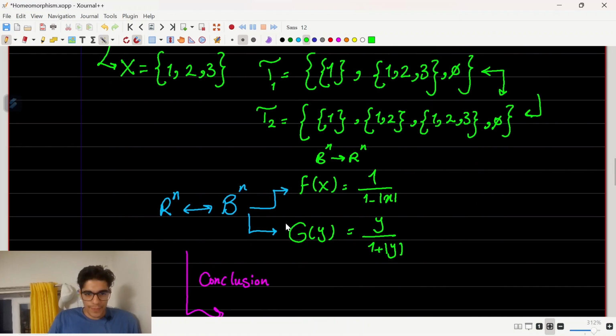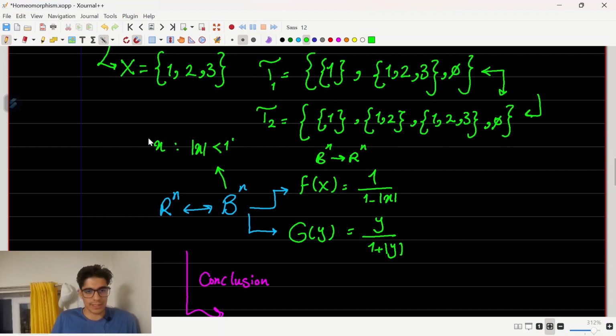Then there is a homeomorphism between the n-dimensional Euclidean space and the unit ball, which is also in dimension n. This is, by the way, defined as the norm of x being less than 1.